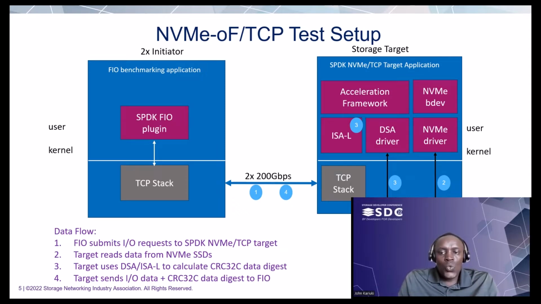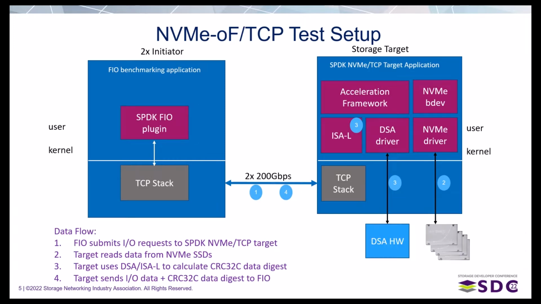It's a 2-socket system, and each CPU has one DSA device. That system also has 16 NVMe SSDs, evenly split between the 2 sockets, so we have 8 SSDs on one socket and 8 SSDs on the other.